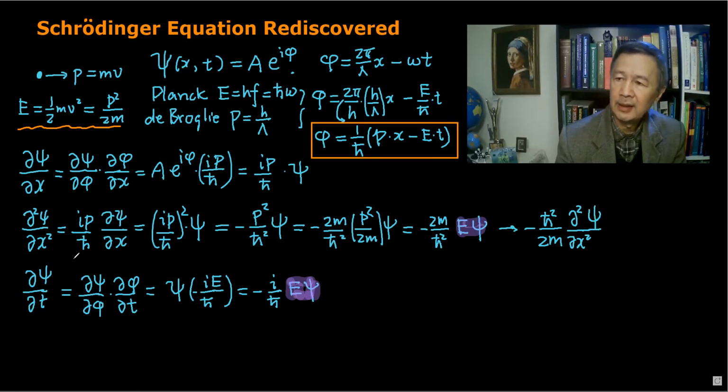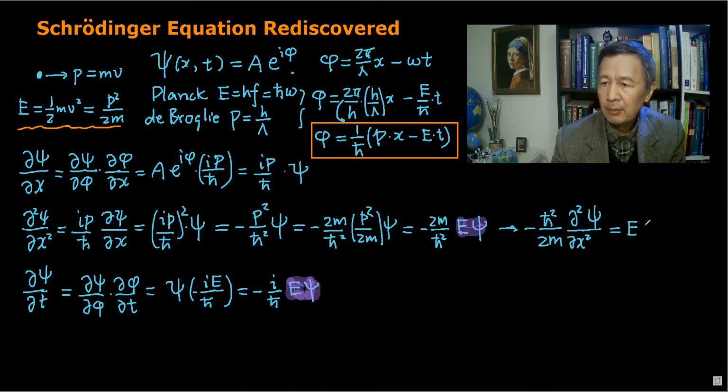That is the left-hand side. The right-hand side became simply E, the total energy, multiplied by psi, the wave function.